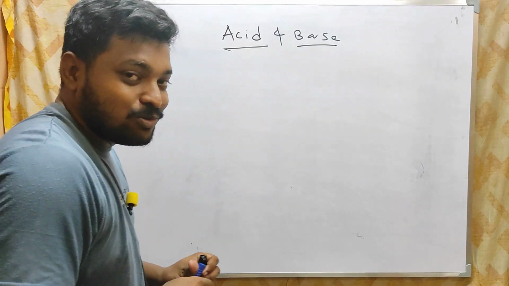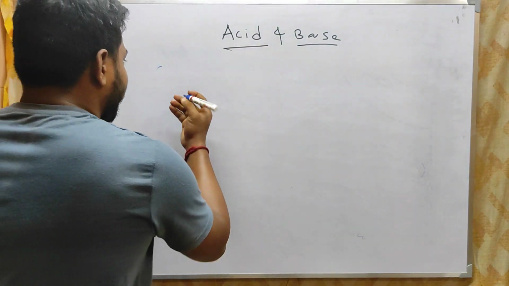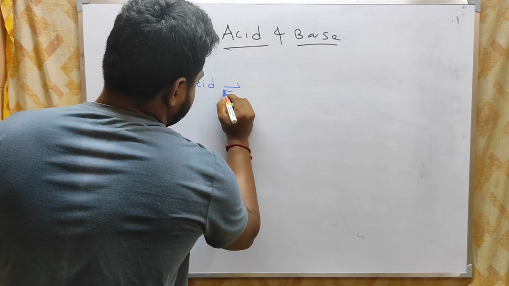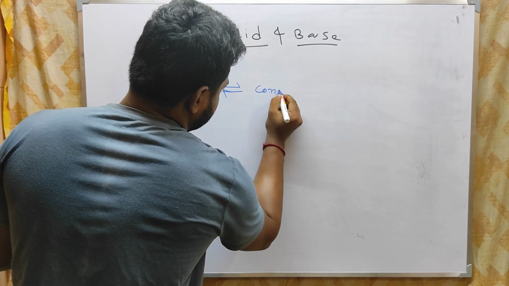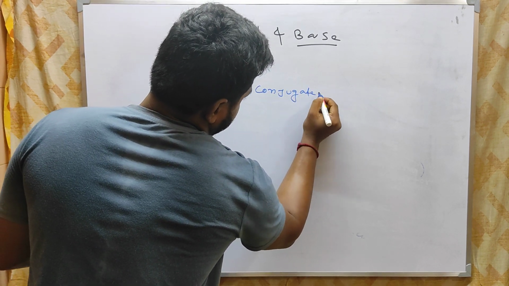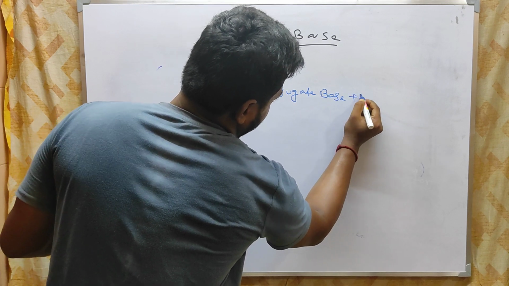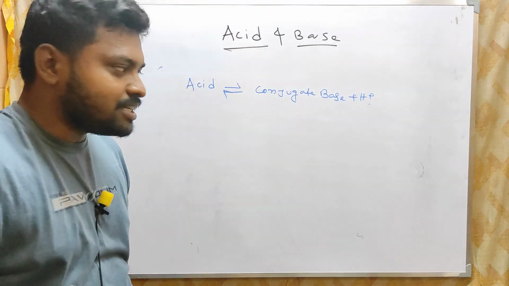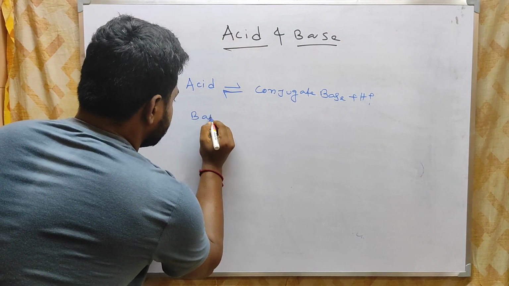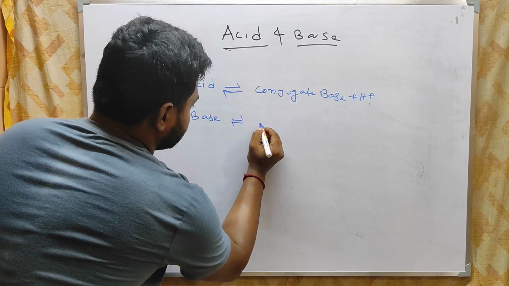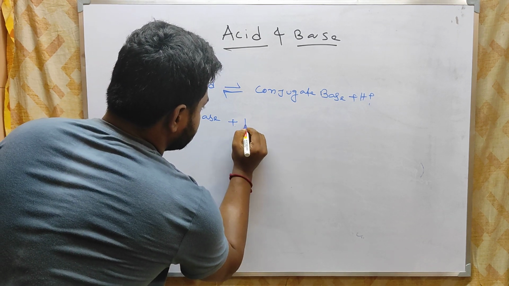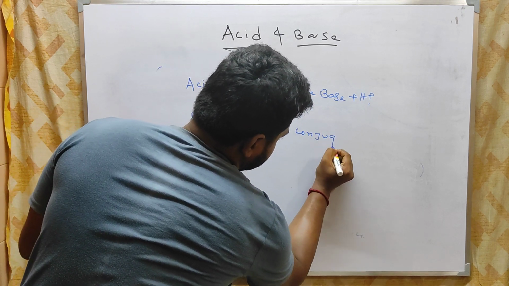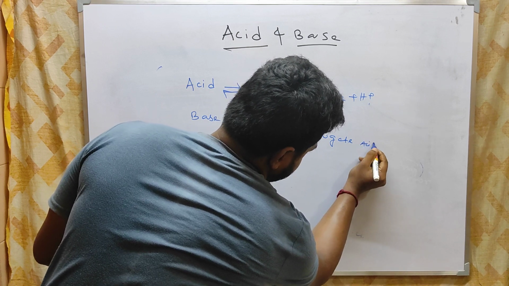In one line we can say that acid equals conjugate base plus H plus, and base plus H plus forms the conjugate acid.